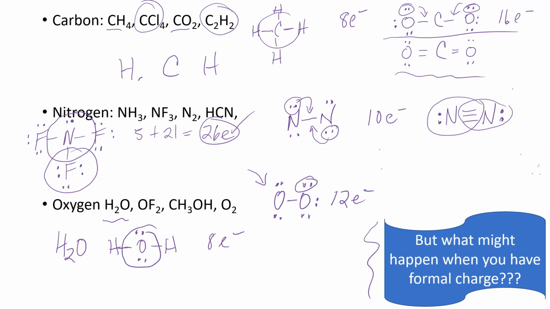So I'm going to take the oxygen that has the more lone pairs and I'm going to move it in here. Okay. So now we have 2, 4, 6, 8, 10, 12. Octet there. Octet there. Good Lewis structure. Oxygen making 2 bonds, demonstrating that it has 2 lone pairs.